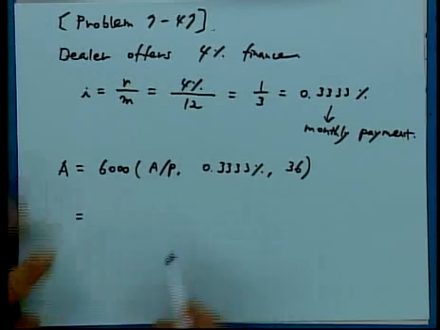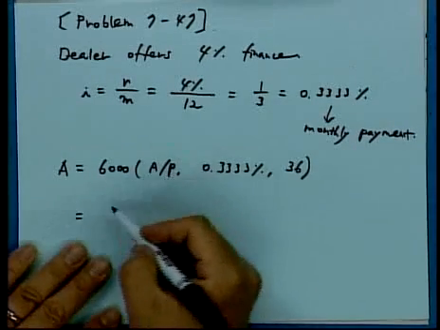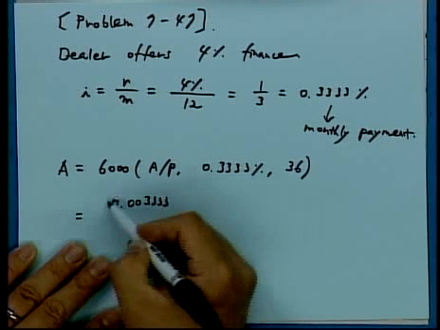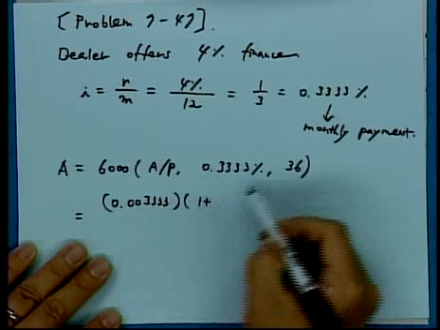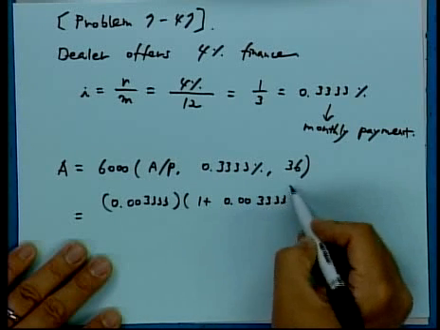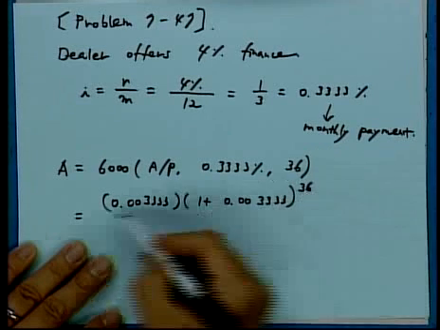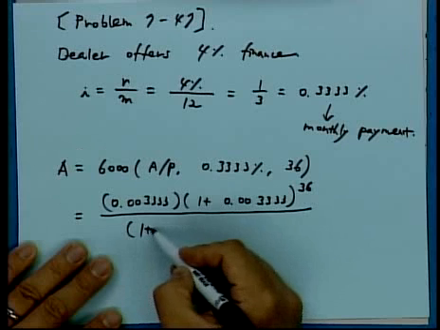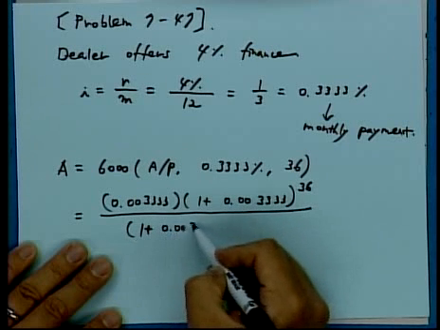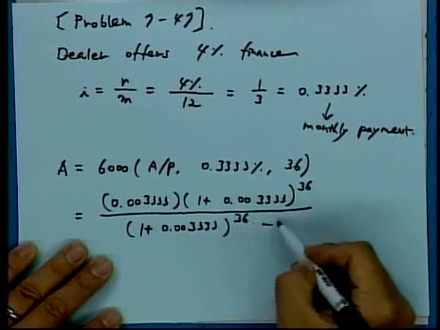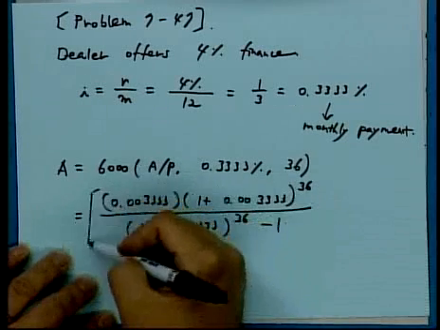And the other expression is like 0.003333 times 1 plus 0.003333 to the power 36 over 1 plus 0.003333 to the power 36 minus 1. Okay.